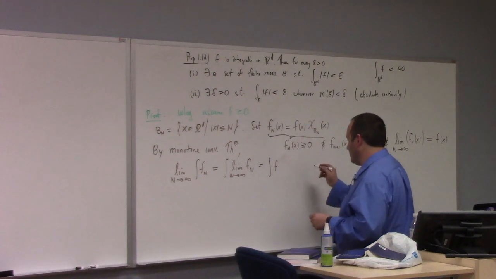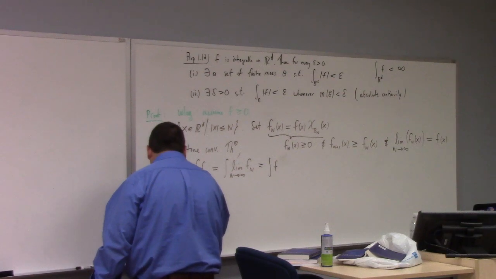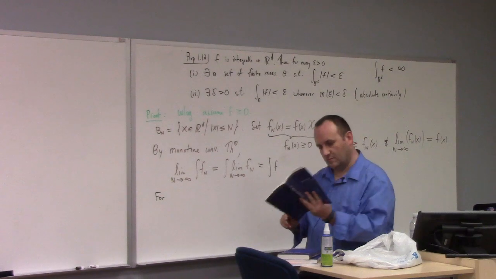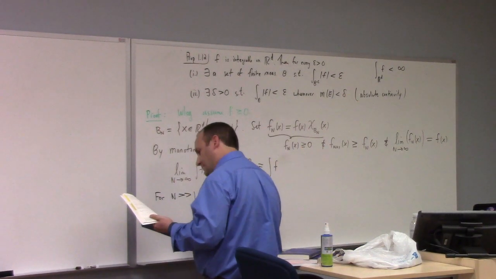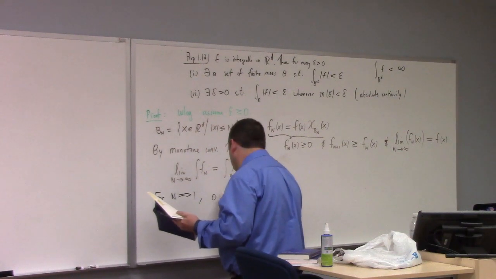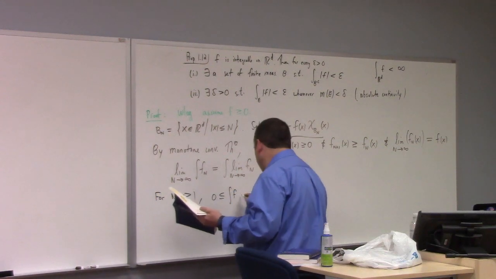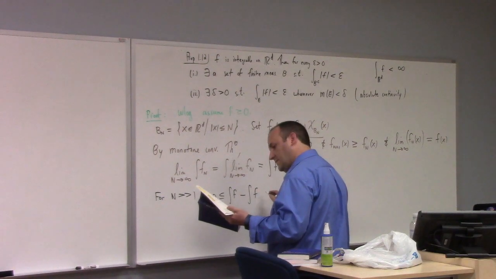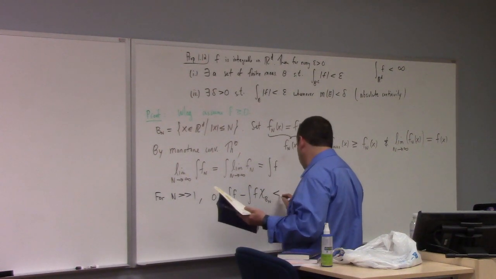So he says, okay, for large enough n, we have 0 less than or equal to the integral of f minus the integral of f chi Bn, less than epsilon.